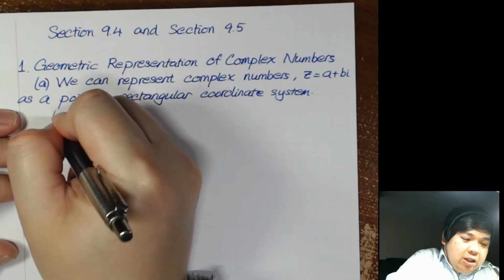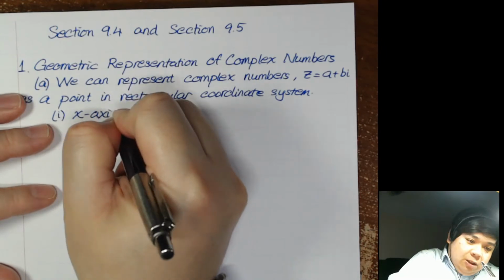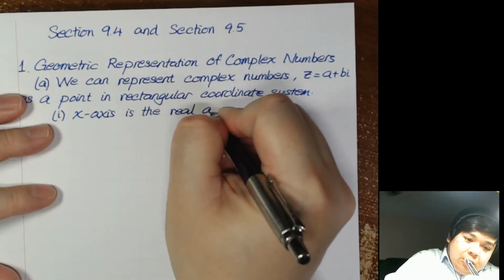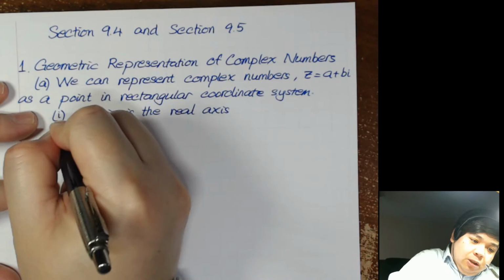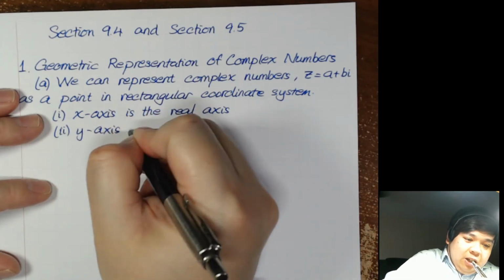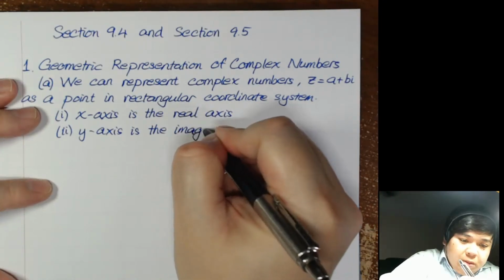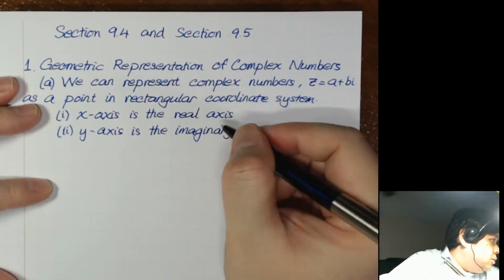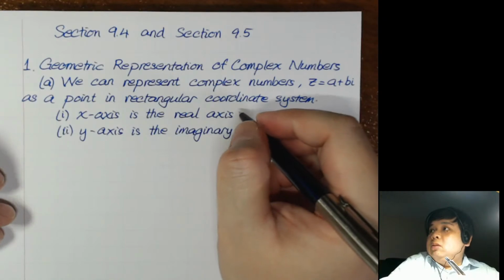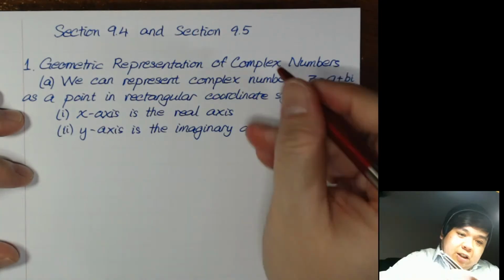We put x on the x-axis, which is the real axis, and y on the y-axis, which is the imaginary axis. And that's called the rectangular form of a complex number.